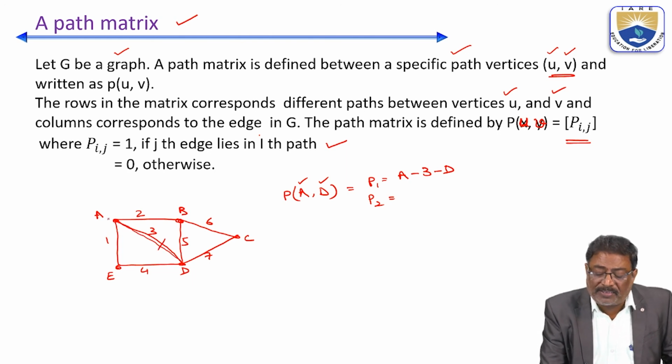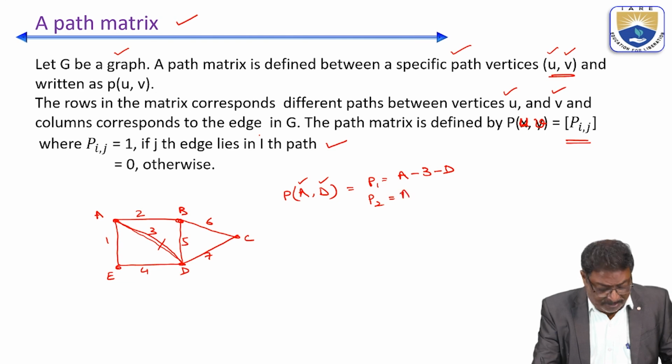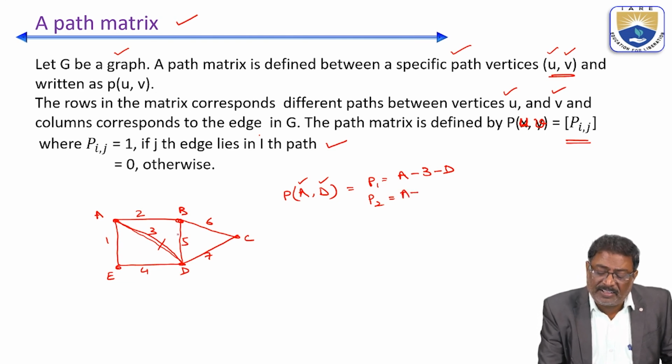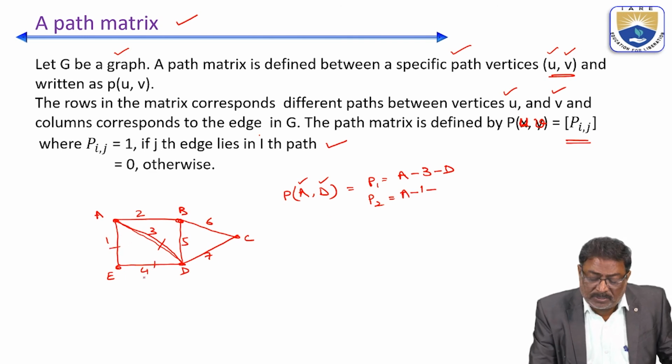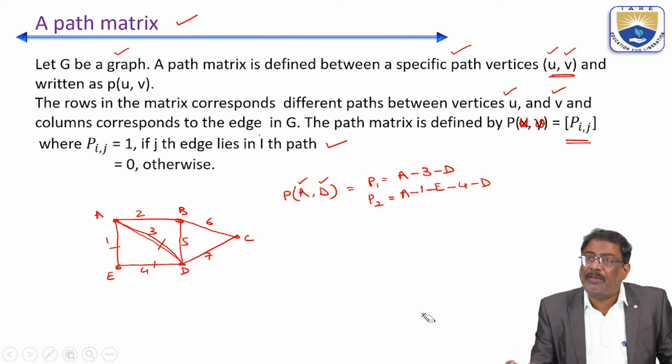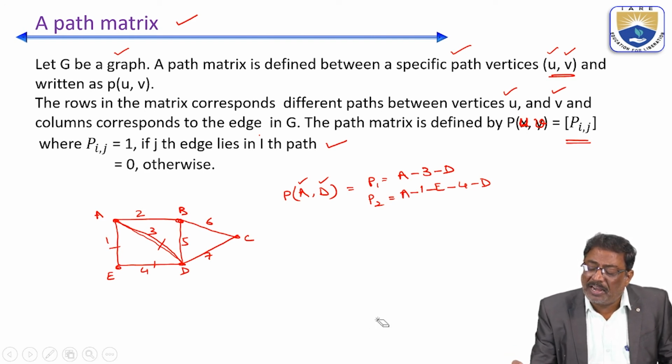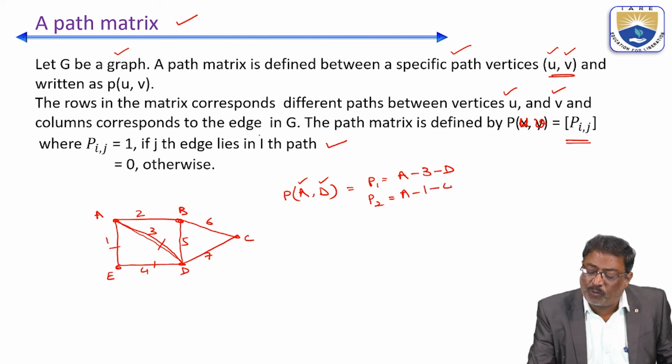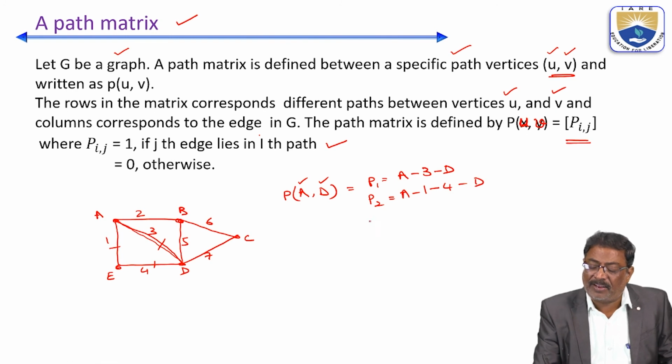Then the another path is, I'm just taking like this. A, then E1, then E4, then D. Here I am labeling only the edges. So A to D along edge 1, then another one is edge 4, then D. This is another path.